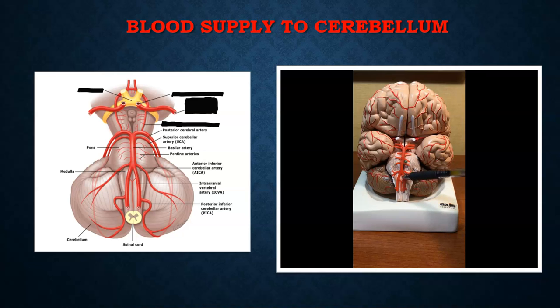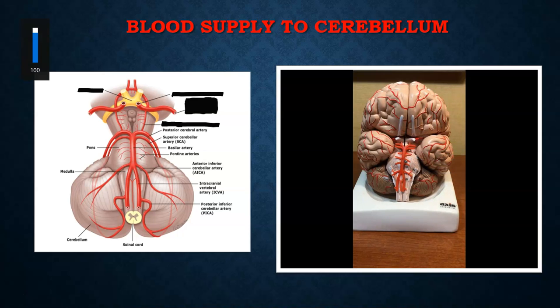They come up and merge together at the junction between medulla and pons, the pontomedullary junction. They merge together and form one artery called the basilar artery. So two vertebral arteries merge together at the pontomedullary junction and form the basilar artery.